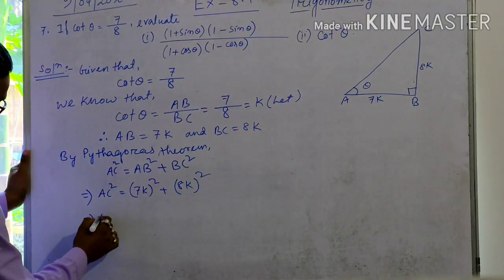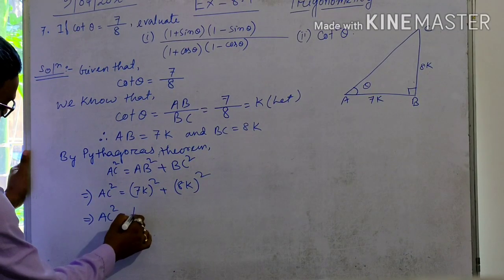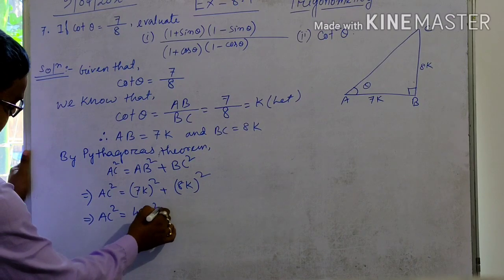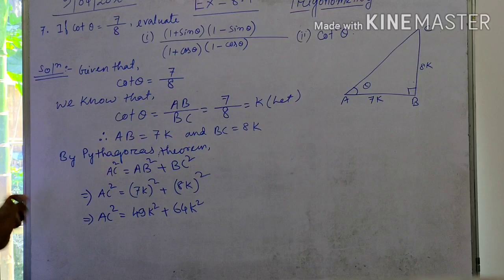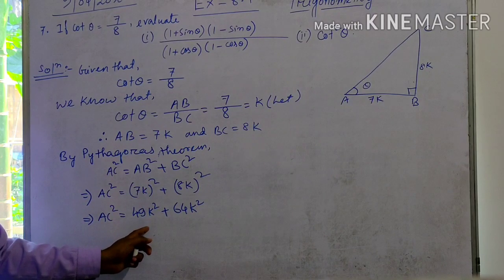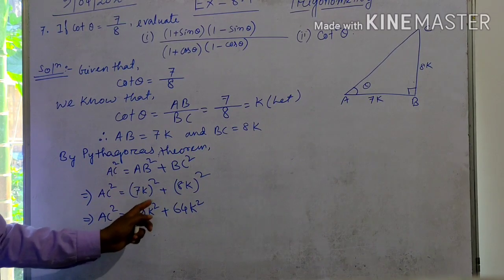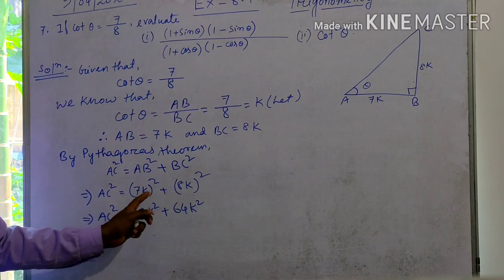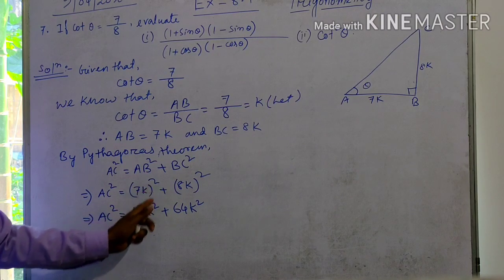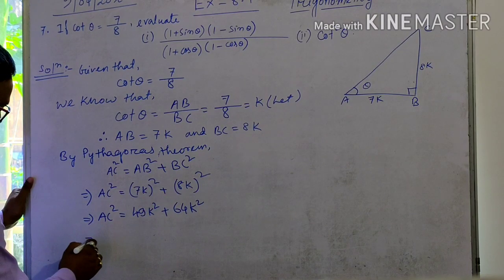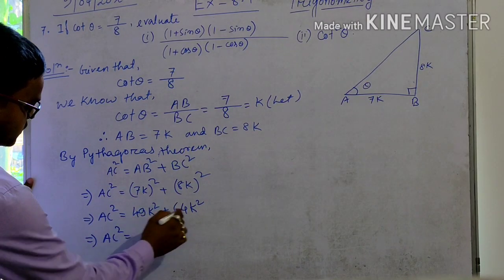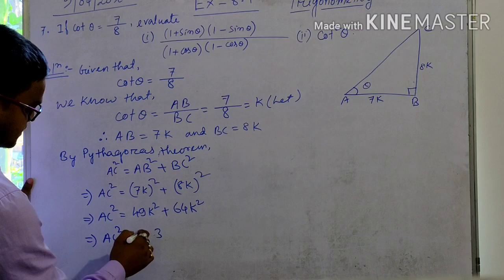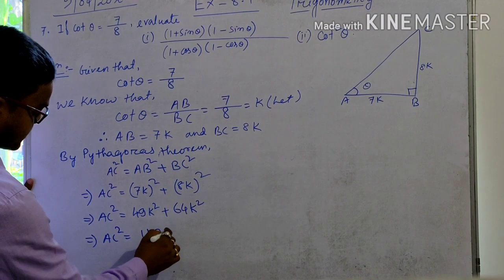So from here what we get? AC square is equal to 49K square plus 64K square. Don't forget to write the square, K square. Sometimes some students forget to write K square. Now AC square is equal to what? 49 plus 64 is 113 K square.